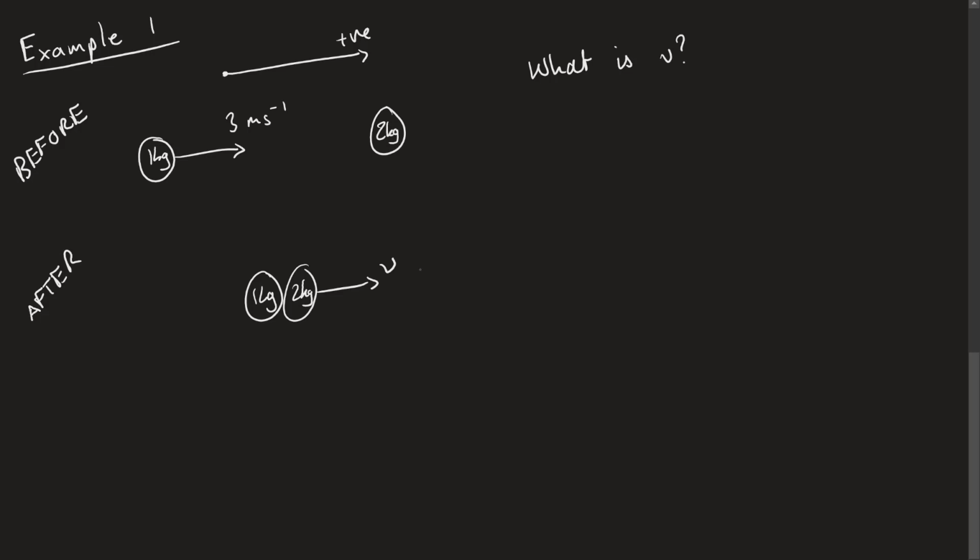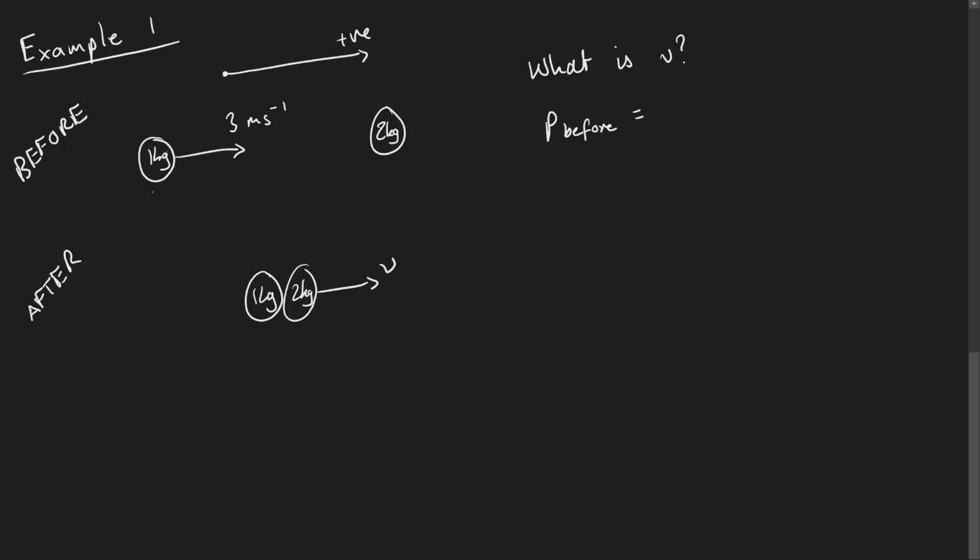So what we need to do is say the momentum before the collision must be the same as the momentum after the collision. So I'm going to note that as P before, momentum before, is just down to this object here, okay? Because the velocity of the 2 kilogram ball is 0, so its momentum is 0, okay?